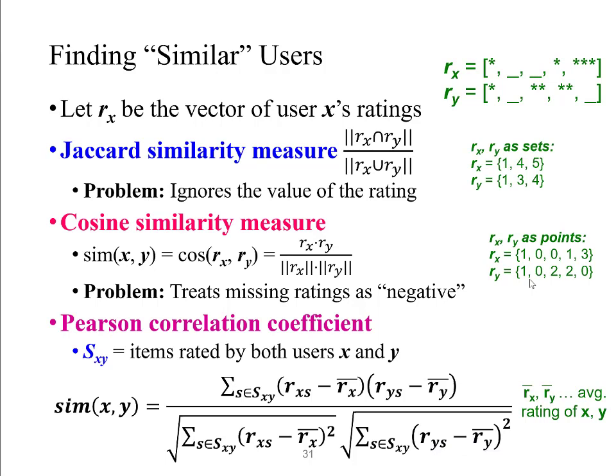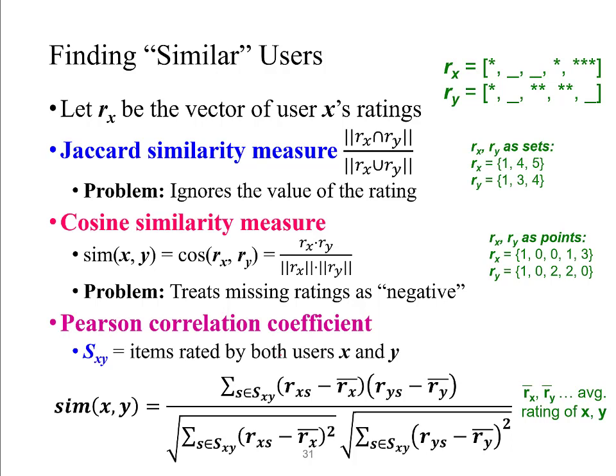So in order to compute the similarity between x and y, we consider each s in Sxy, that is, each item rated by both users x and y. We take the rating of s in x minus the average rating of x, times the rating of s in y minus the average rating of y, and sum over all the items rated by both x and y.